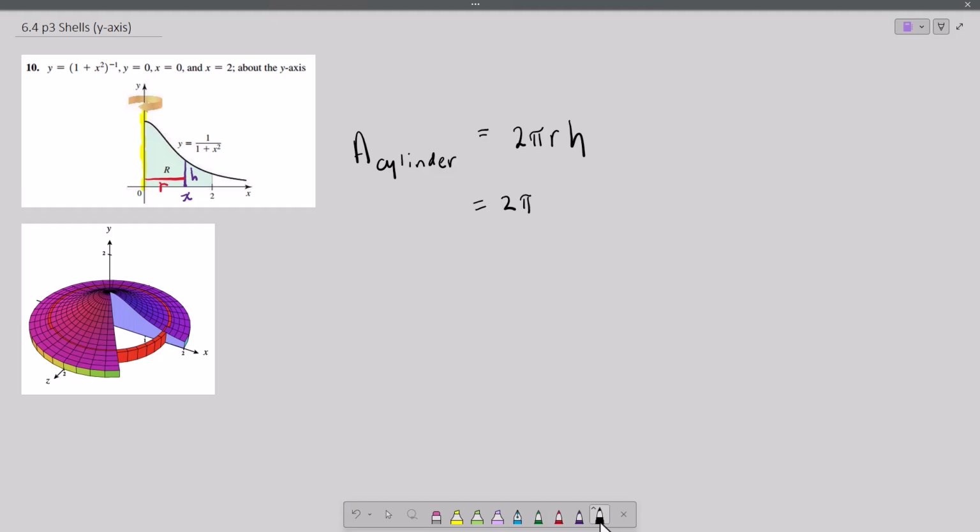When you look at that radius, can you see what that radius is in terms of x? If this x value right there was 1, what would the radius be? 1. If that x value was at a half, what would the radius be? A half. If that number right there is x, what's the radius? X. Right? X is actually measuring the distance to the y-axis, which is what the radius is.